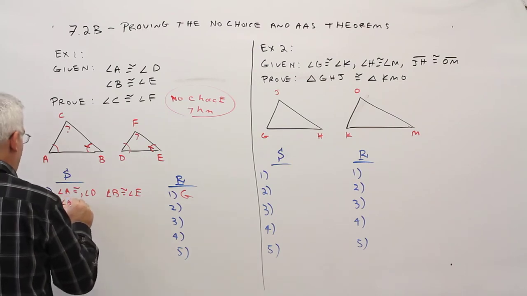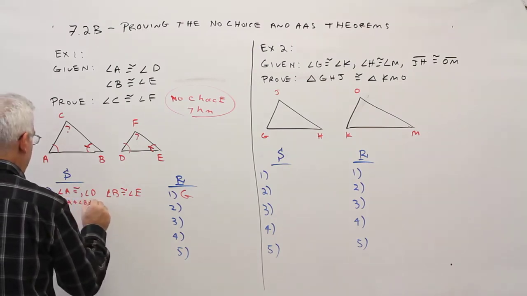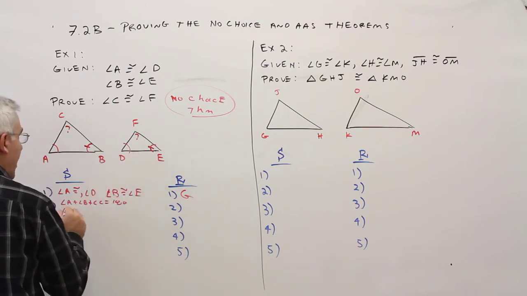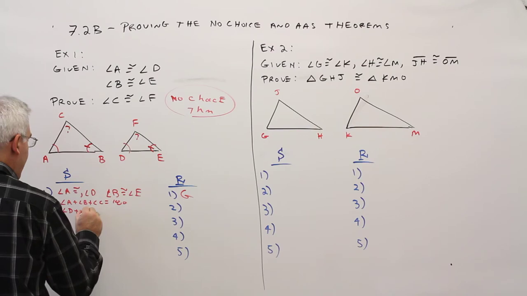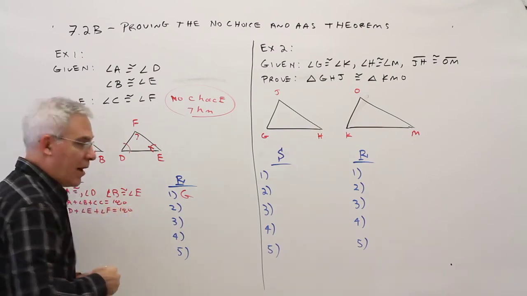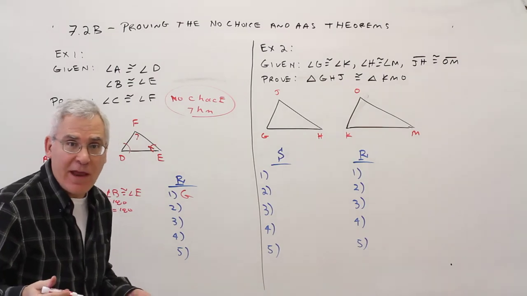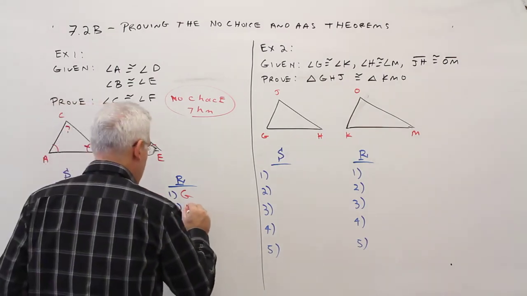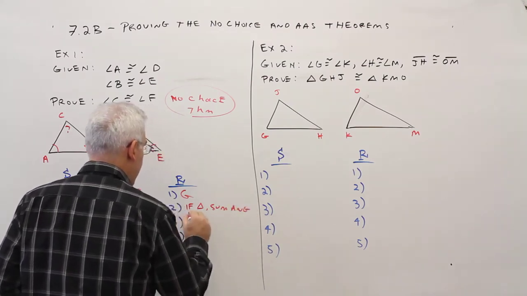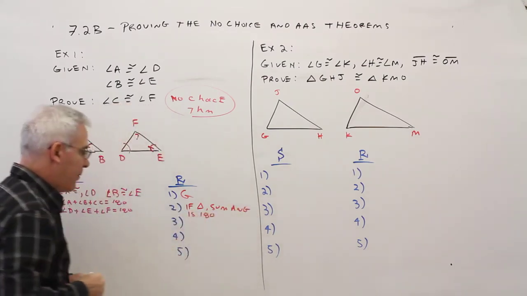So angle A plus angle B plus angle C equals 180. Angle D plus angle E plus angle F equals 180. If triangle, sum of angles is 180.